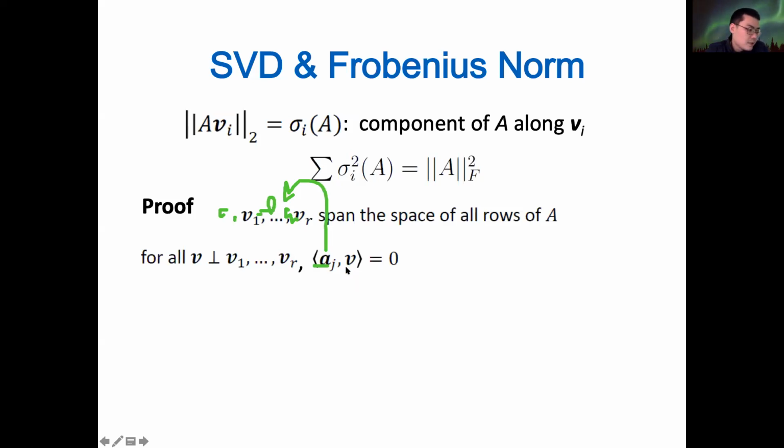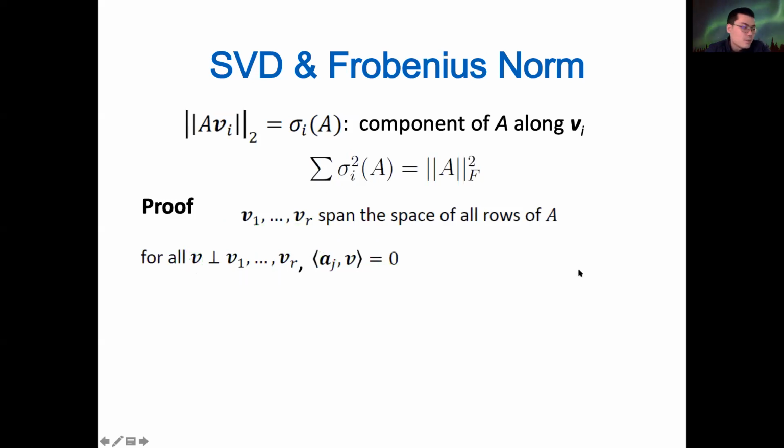Then you take the inner product with v, and v is orthogonal to v1, and v is orthogonal to vr, so basically you can derive this easily. Intuitively, A_j is inside this span, and v is perpendicular to this space.